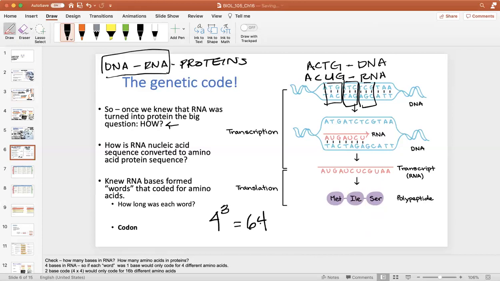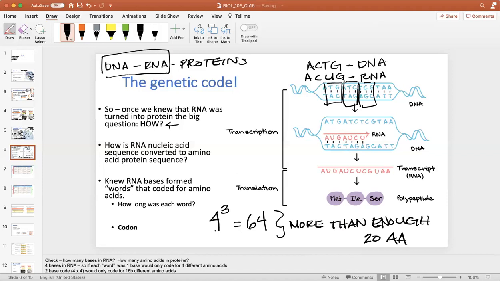And you can satisfy yourself that that is true. 64 is more than enough variety of combinations to cover a code for each of our 20 amino acids, right?